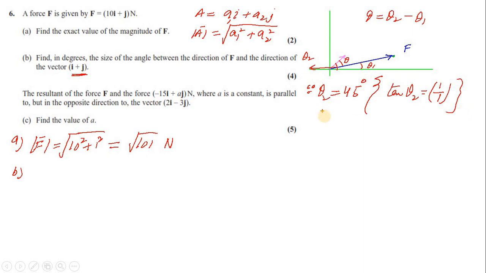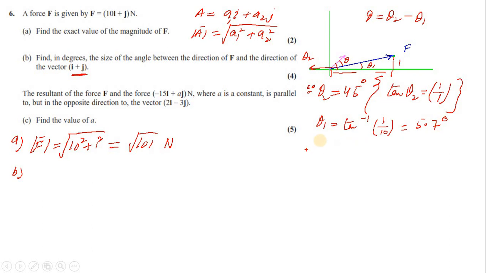Now theta 1 will be equal to tangent inverse of opposite over adjacent. In this case opposite is 1 unit, divided by adjacent, which is 10 units. So 1 divided by 10. And then the angle will be equal to 5.7 degrees.